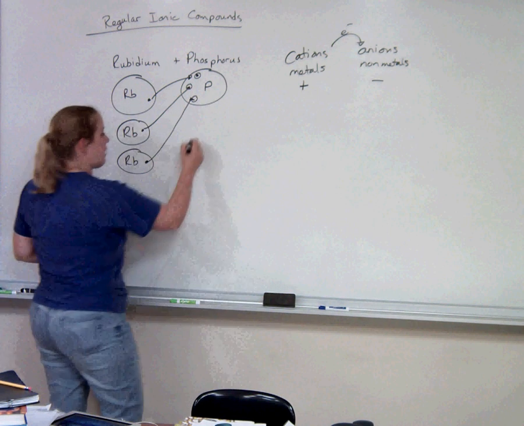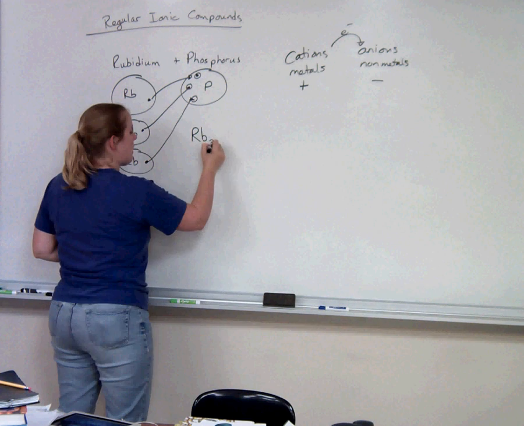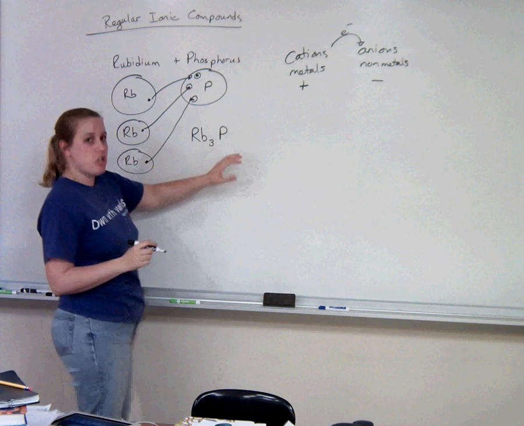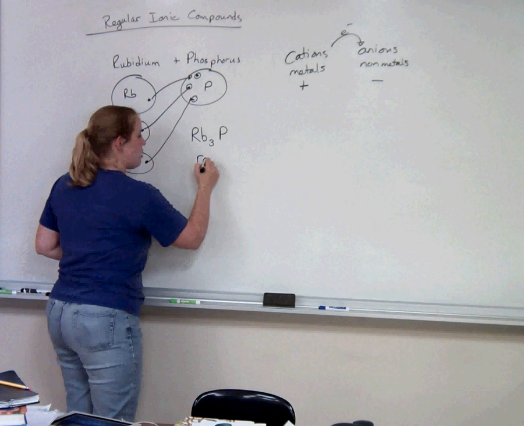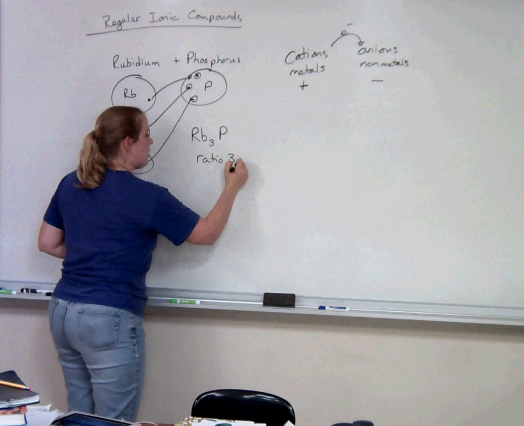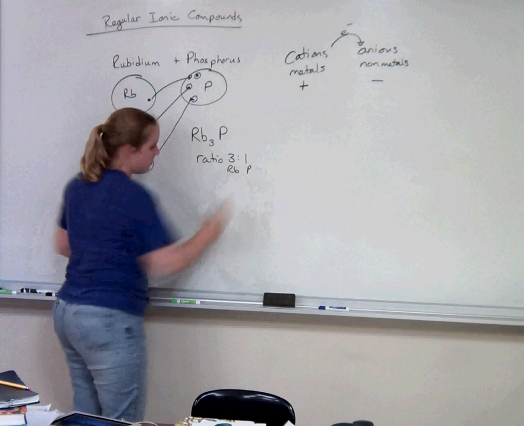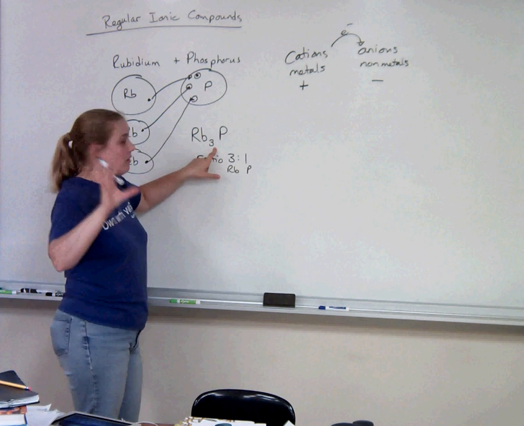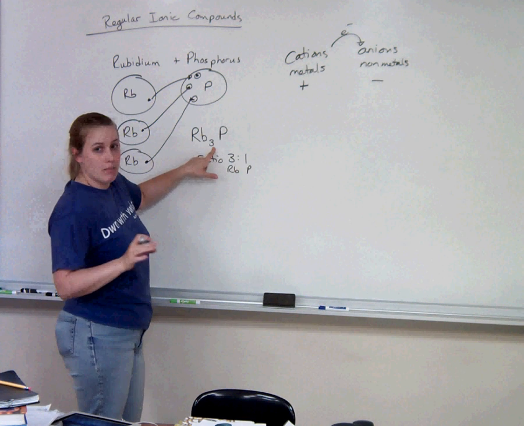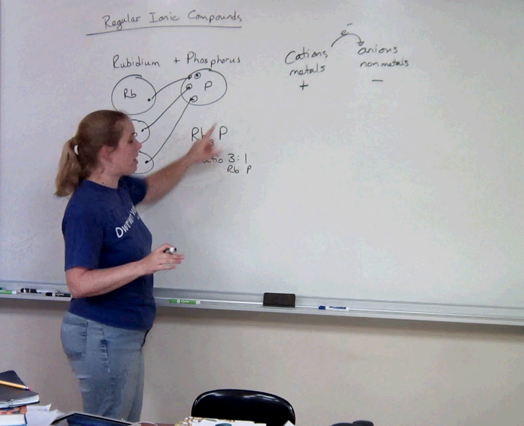So we're going to write the formula Rb3P to show that the ratio of rubidium to phosphorus is 3 to 1. These subscripts at the bottom are a super key point: the subscript at the bottom of the formula is the ratio of cations to anions.